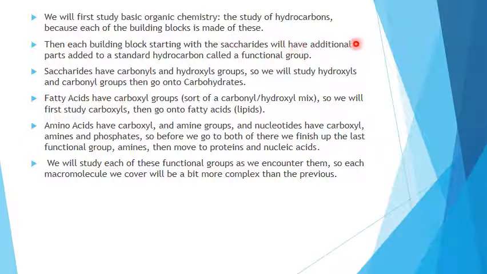And then you can combine glucoses to make starch or glycogen. Then we'll add more functional groups. So we're going to start out with our chains, our hydrocarbons, and add functional groups. And with the functional groups, we'll make up our building blocks. And from our building blocks, we will make our macromolecules.